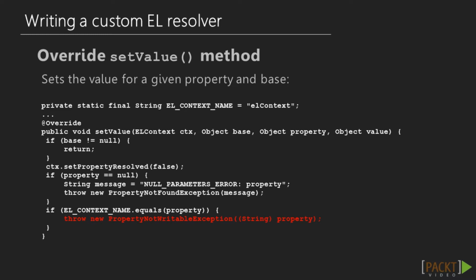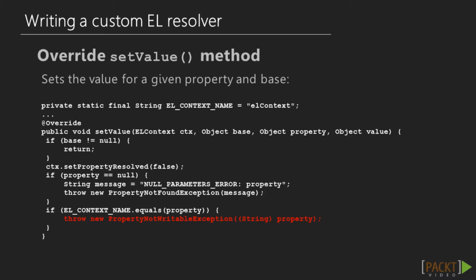The setValue method tries to set the value for a given property and base. In case of a writable base-property pair, you have to check here the type of the passed values, and if they are okay, then set them. Since we have a read-only variable, there is no need to do that. We just signal that this is a read-only variable via an exception.